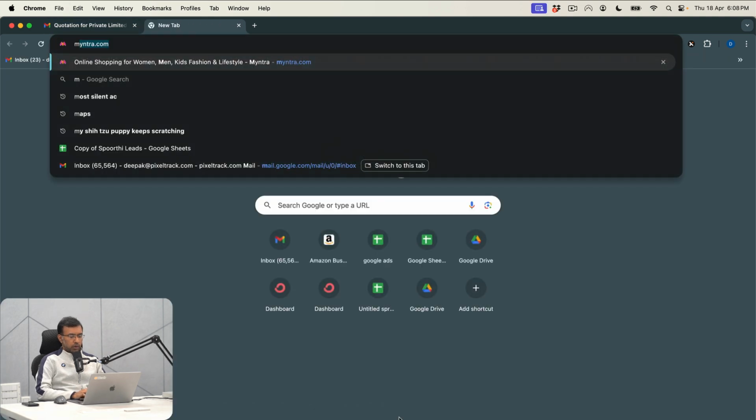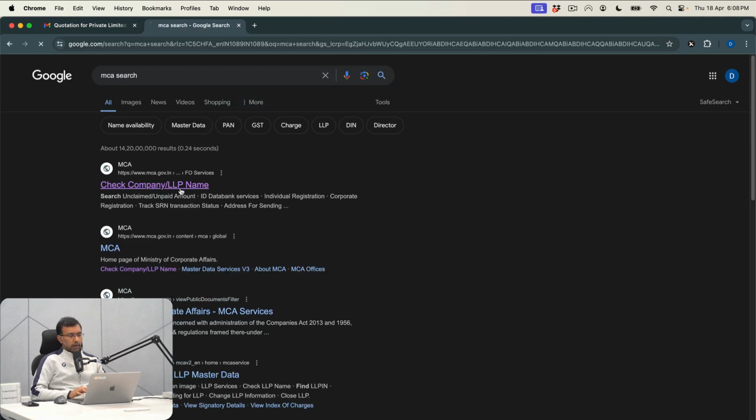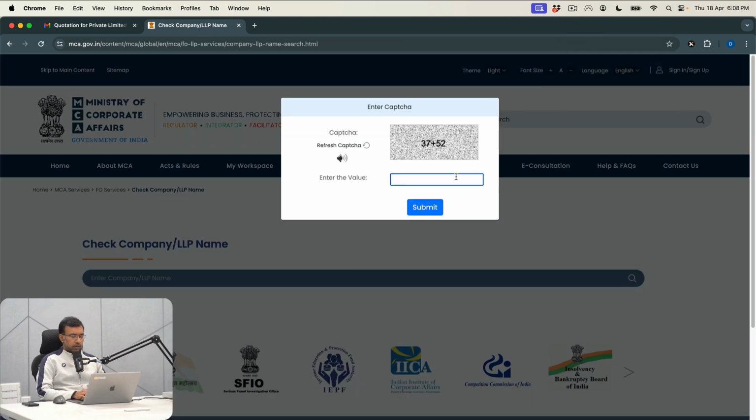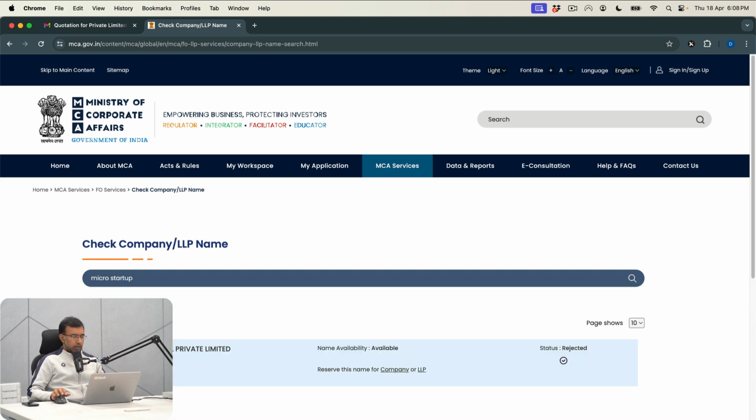I can also go to MCA search and look at existing company names, and here you have to check the company name. So let's say if I search for MicroStartup with a space, there already seems to be somebody who has created MicroStartup Capital Private Limited, but the status is rejected.